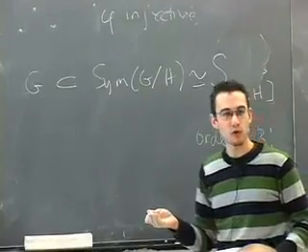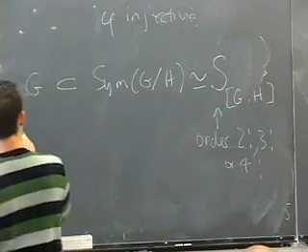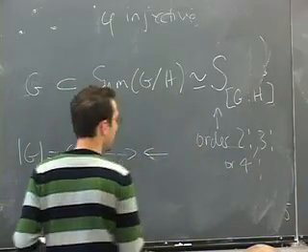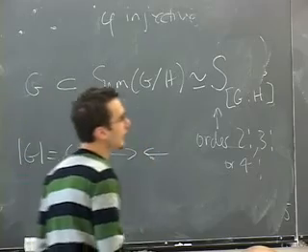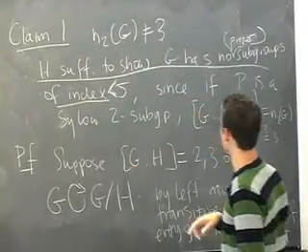But G is a group of order 60. It can't possibly fit in there. We have a contradiction. So, indeed, there can't possibly be a proper subgroup of G with index less than 5.